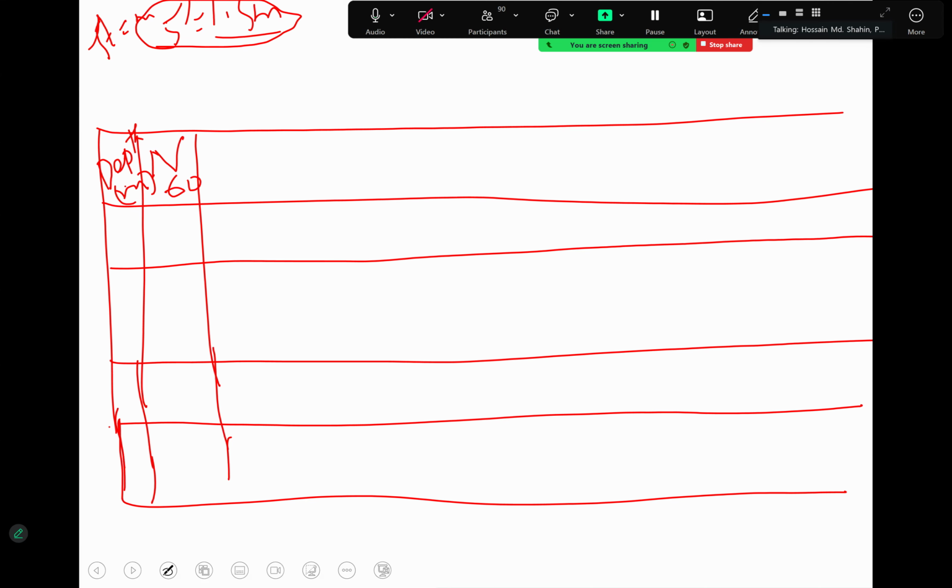Say your SPT N value here is 5, here is say 12, here is say 25, and here is 50, all average 50. The depth at the center is say here 3 meters.